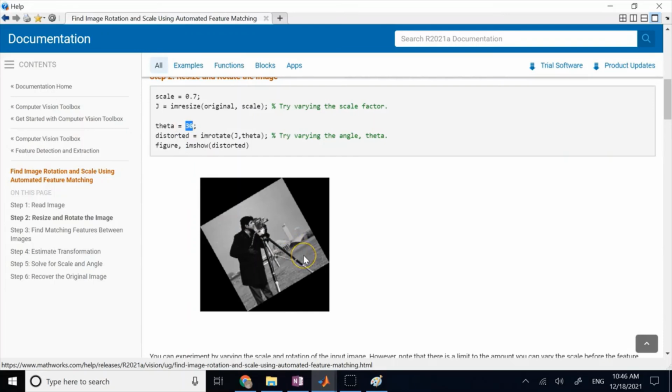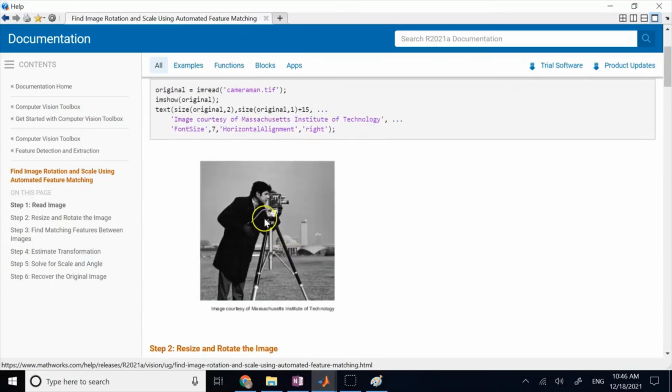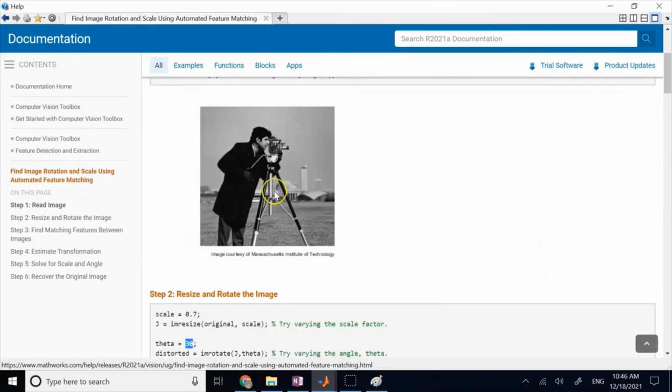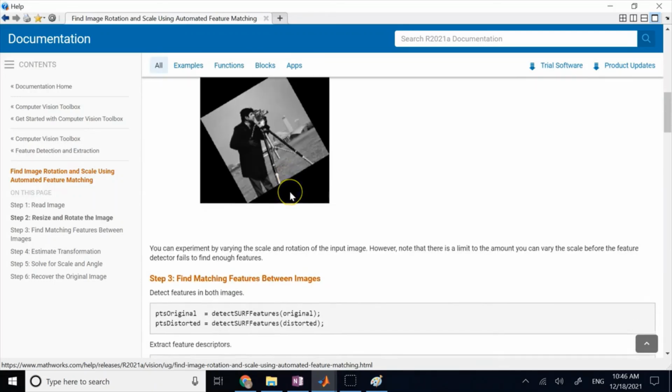For computers, for robots, it's not that easy. All they are given is these two images, and these images are literally a bunch of pixels, a bunch of intensities, a bunch of numbers, two matrices of numbers.